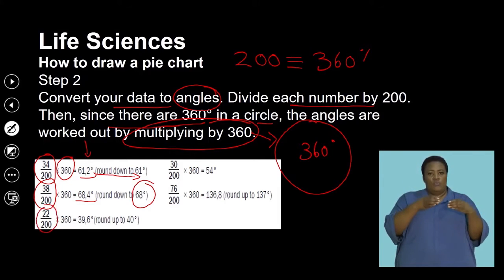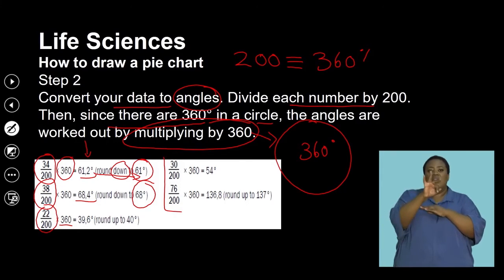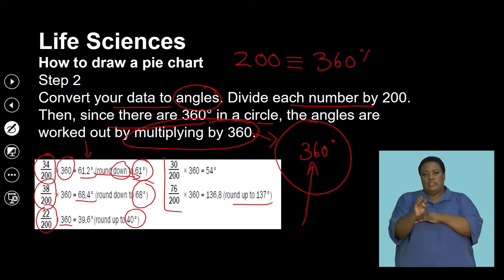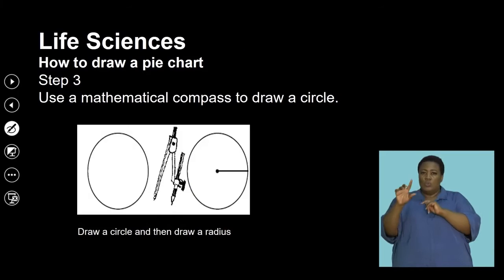We divided that by 200 and we multiplied that. And so we do this for all. What's important is that we round them to the nearest whole number so that the total does not exceed 360. As we round them up or down, we ensure that when we total them, the total does not exceed 360. So we've done that, and we've converted the data to angles.